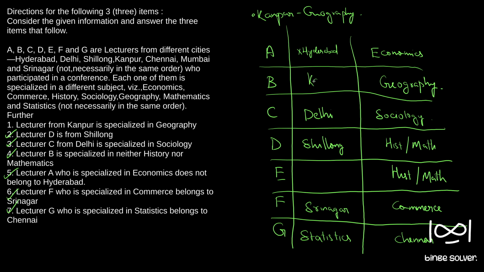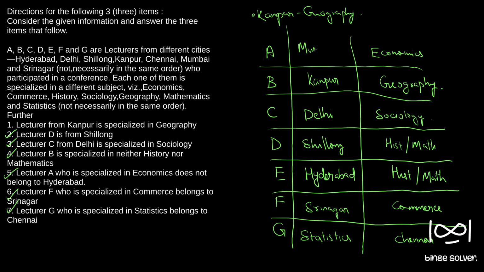So this is Kanpur, that we know. Again, this cannot be Hyderabad. So the only place Hyderabad can be is this. So Hyderabad. The only place left for us to fill is Mumbai.